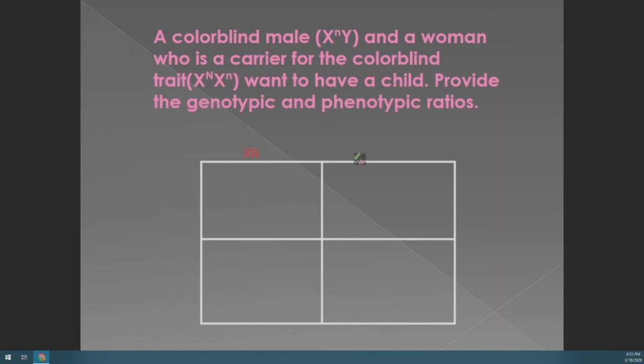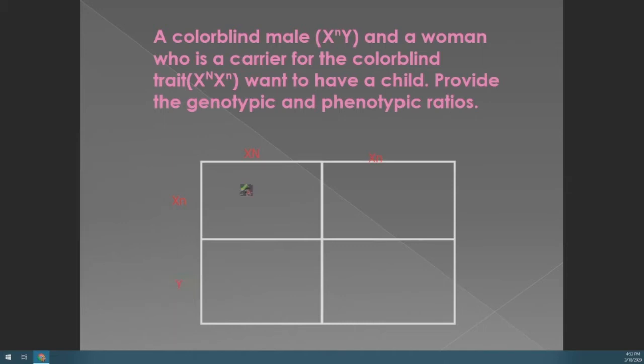And then we're going to go over here and finish up with mom, and we're going to do X little n. We are going to come over here and put dad, and dad is X little n and a Y.